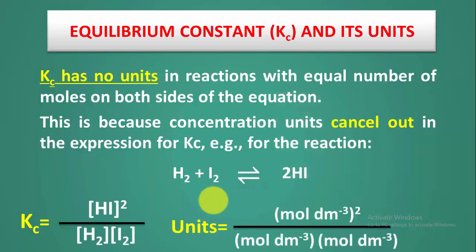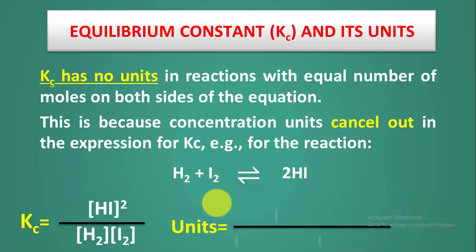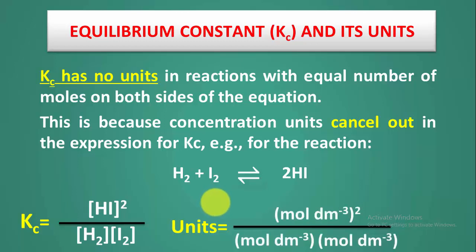So its units: in the numerator the product has units raised to the power 2, and in the denominator both of the two reactants combine to form units raised to the power 2 also. So these units in the numerator and denominator cancel out each other. So in this case Kc has no unit.